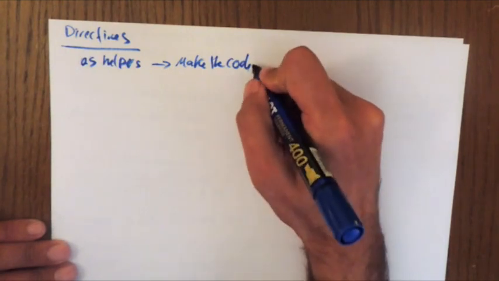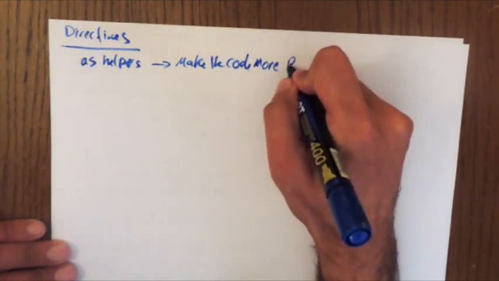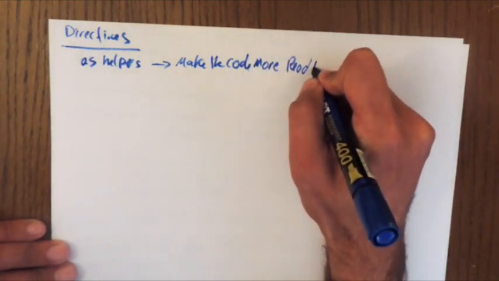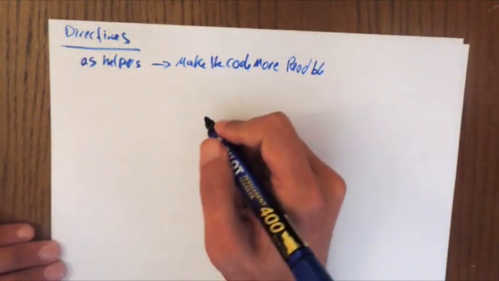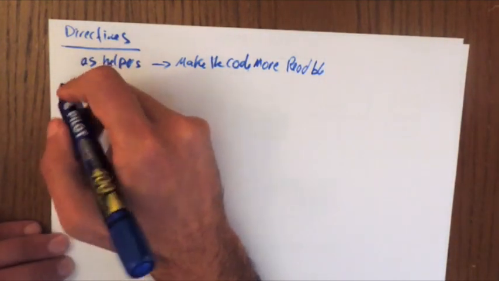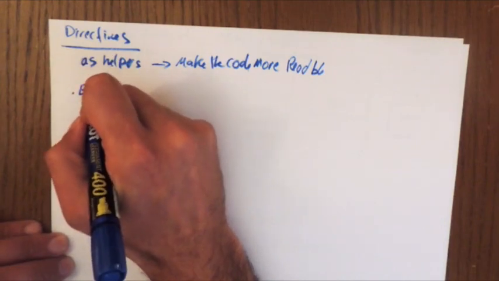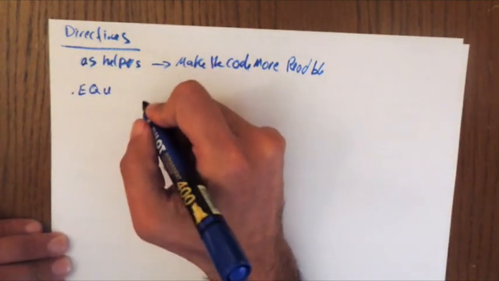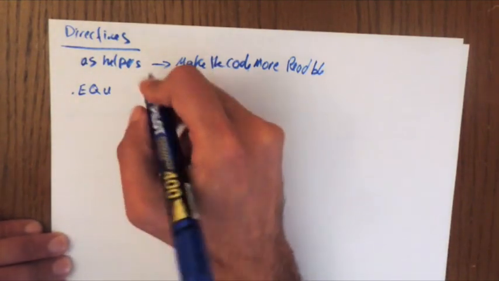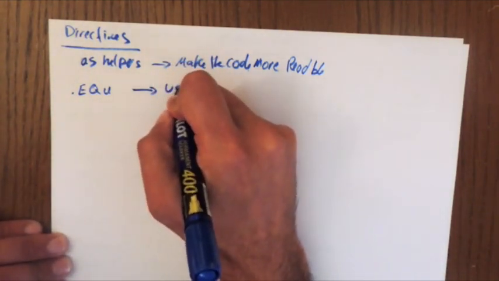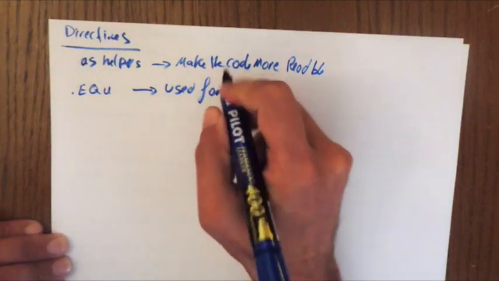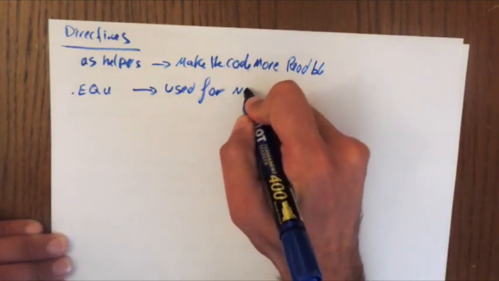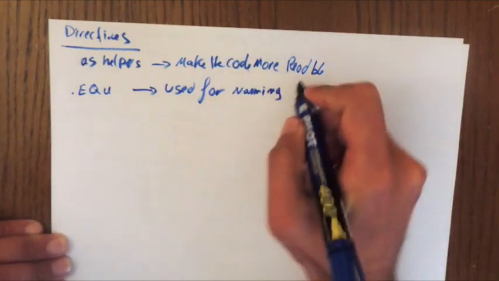For example, the first directive is .equ. It just allows me to name some values, so it is used for naming variables.